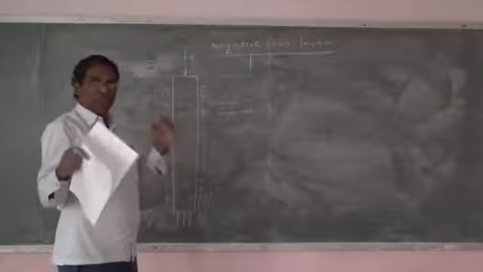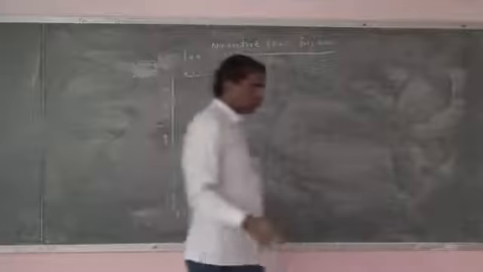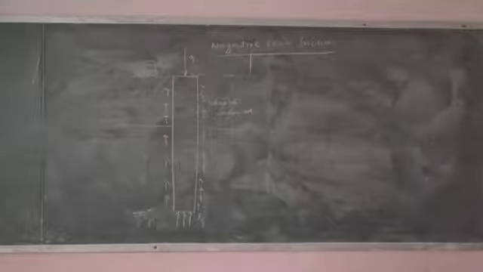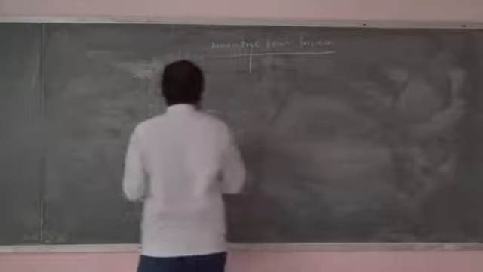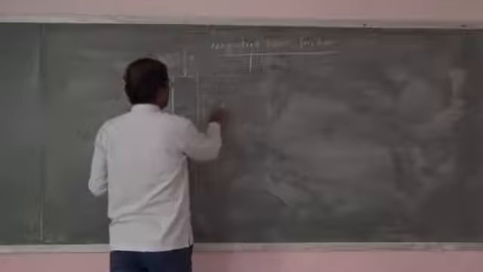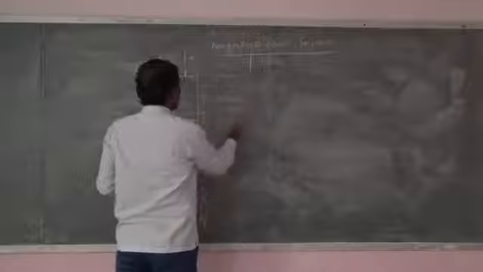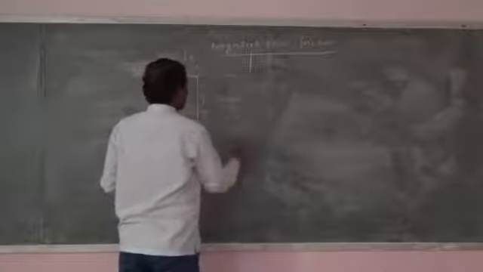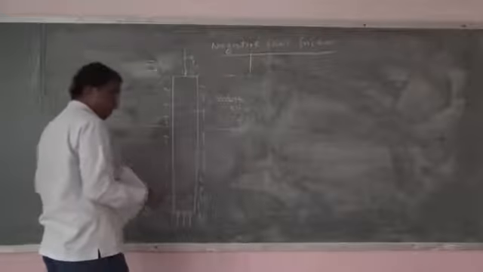But the question is now, suppose instead of this dense and compacted soil, suppose now some loose soil is there, or fresh fill is there, or some loose sand is there, then what happens?